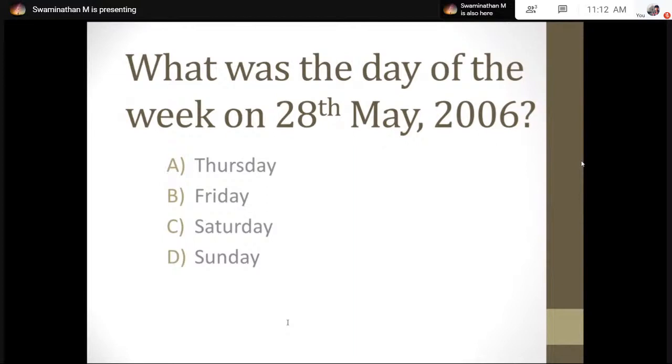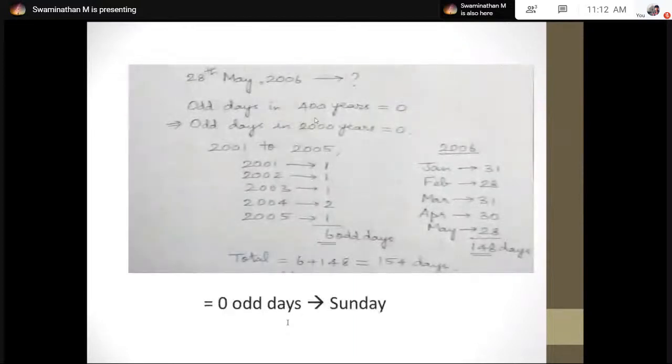So you have to use the odd days concept from the beginning. Odd days in 400 years is 0, so odd days in 2000 years is also 0. From 2001 to 28th May 2006, I calculated 0 odd days, so it is Sunday.